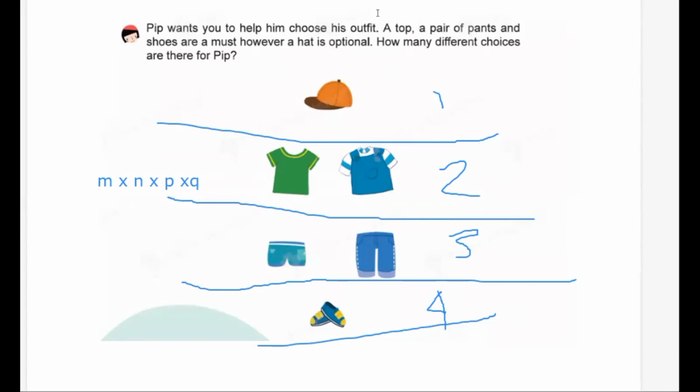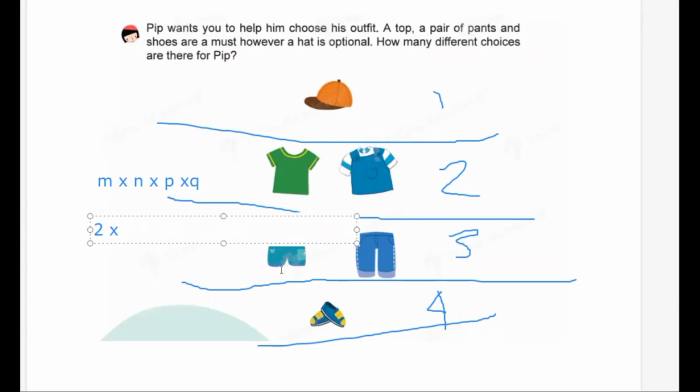Now let's find out how many different choices there are for Pip. According to the problem, we have to find how many different choices there are if he needs a top. So let's have a top first. How many tops do we have? We have 2 tops. So that's 2 times a pair of pants.